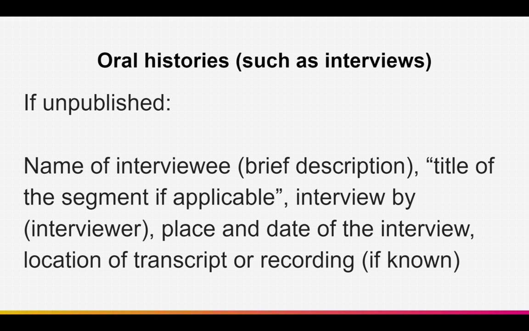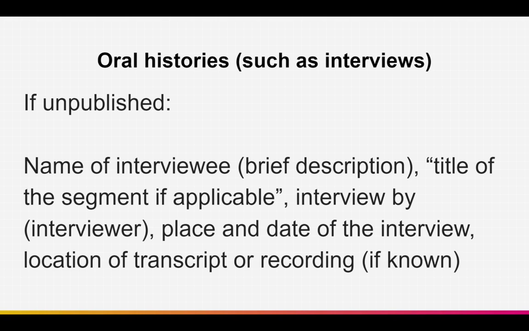Now, if the interview was unpublished, then you will need to have the name of the interviewee, and you will often include a brief description, such as policy advisor or activist, or something to clarify why this interviewee is essential. And in quote marks, you'll put the title of the interview, if applicable, interview by.